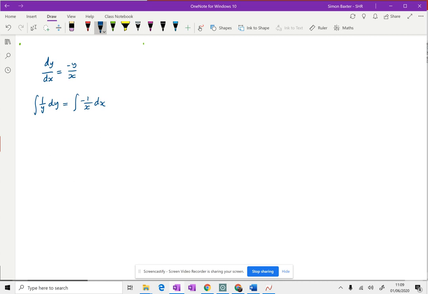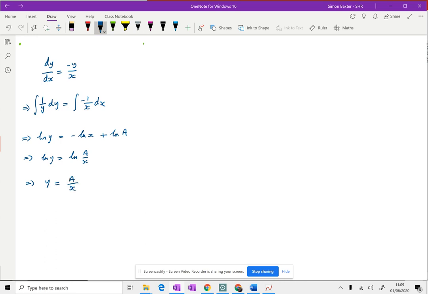Integrating there, you will get log y is equal to minus log x. And I'm going to put my arbitrary constant in as log a. You've now got that log y is log a divided by x. Therefore, y equals a over x.